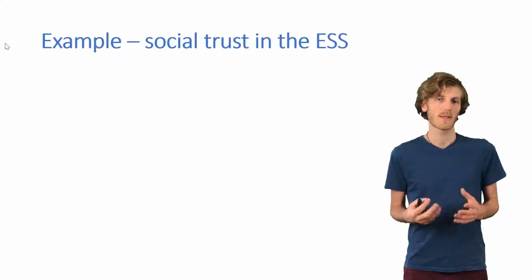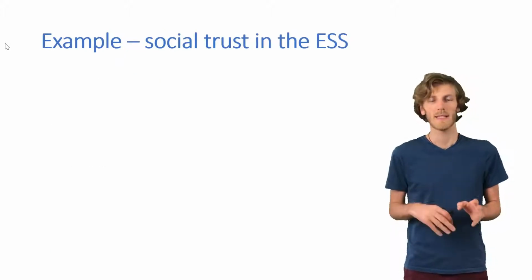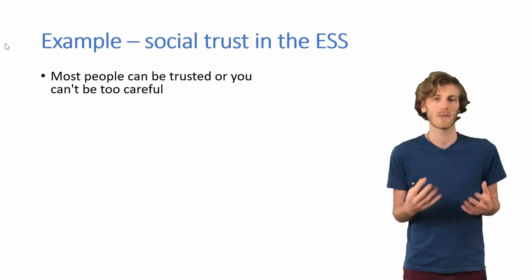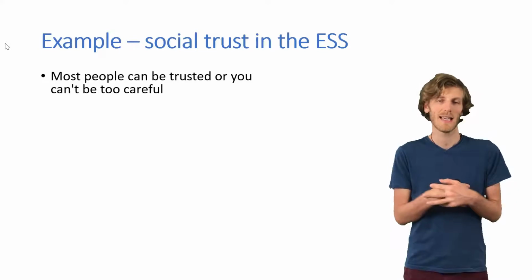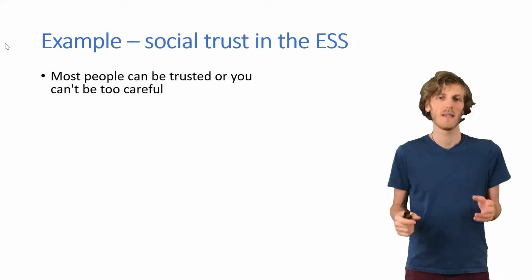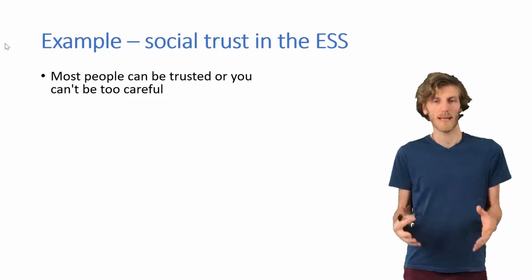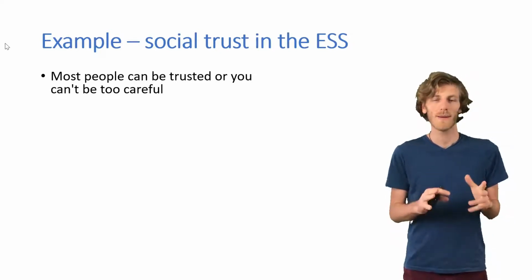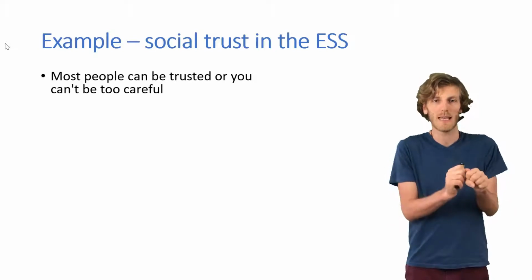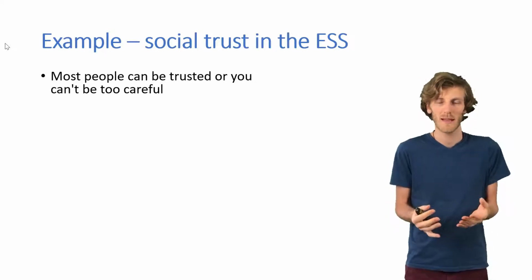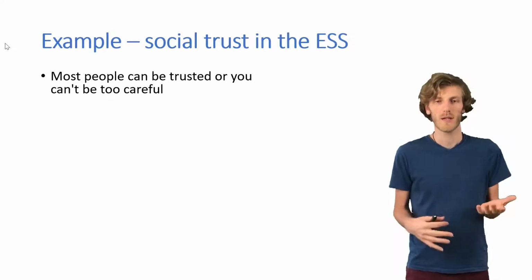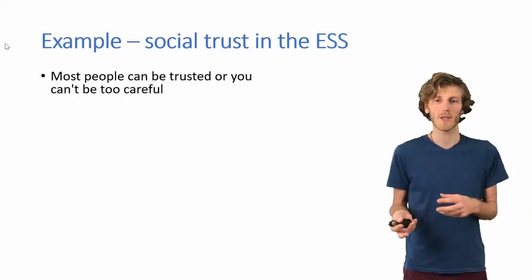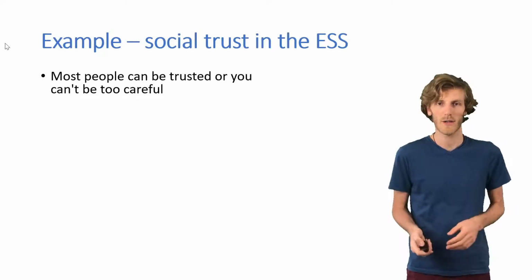For example, in the European Social Survey, they're interested in social trust, and quite often social trust is just measured with this one item. This item exists in most social surveys. Do you think most people can be trusted, or do you think that you can't be too careful? However, someone might have a very particular reaction to the word trust, for example. So what the European Social Survey does is that they add two other items that are meant to be indicators of the same underlying construct.